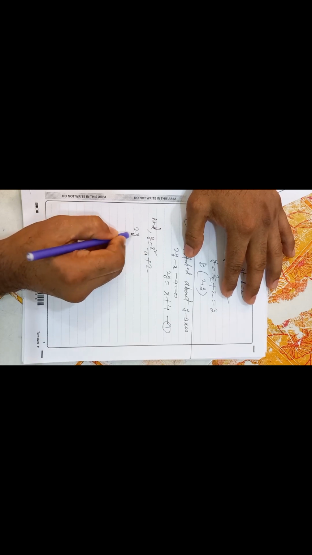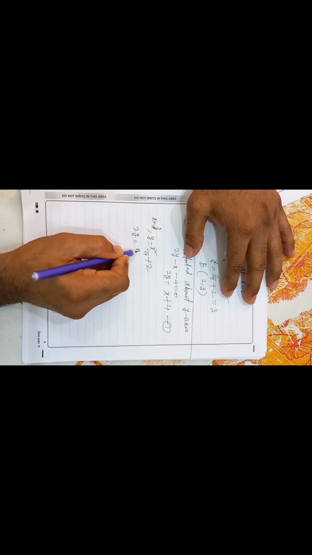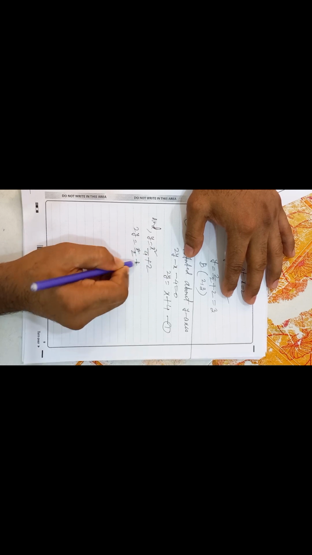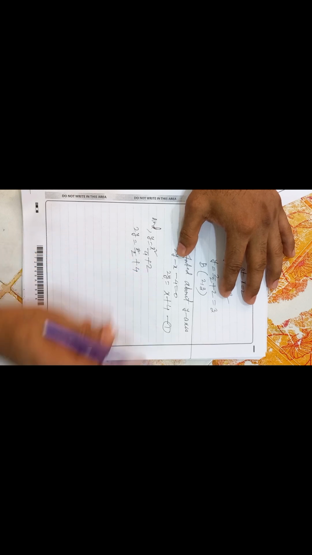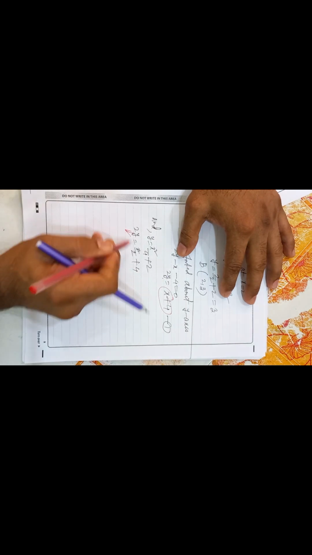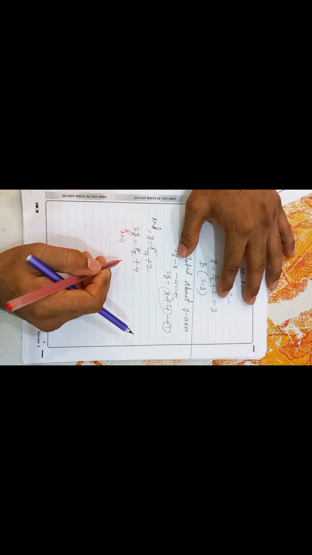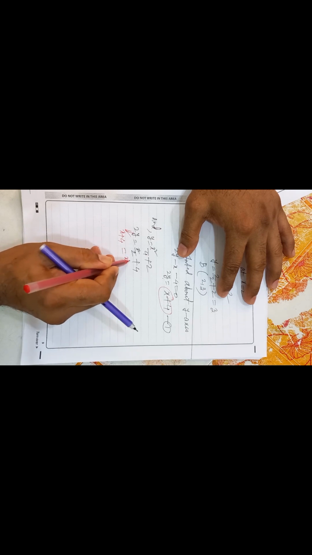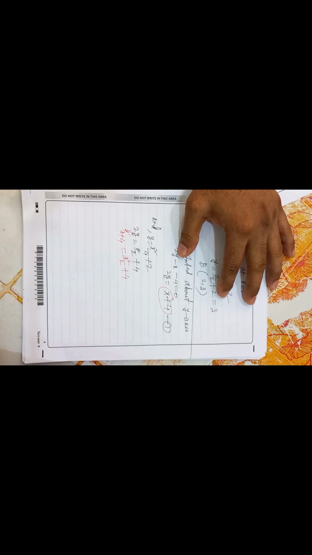So 2y equal to, multiply the right side also by 2, that will be x square over 2 plus 4. Instead of this 2y we got x plus 4, so instead of 2y you substitute x plus 4, equal to x square over 2 plus 4.